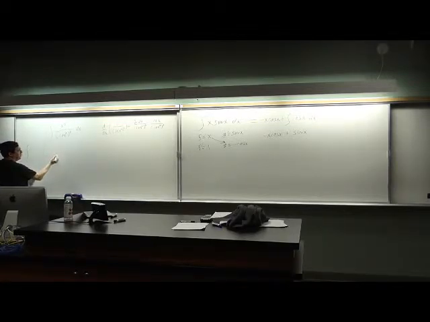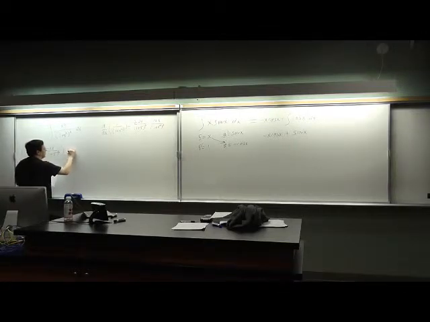This is going to be my g prime, right? Negative 4x over 1 plus x squared cubed, times negative x squared over 4 dx. Let's see what I just did.